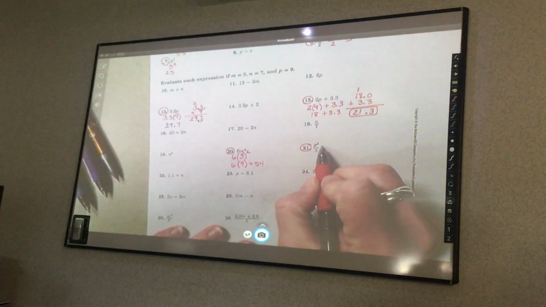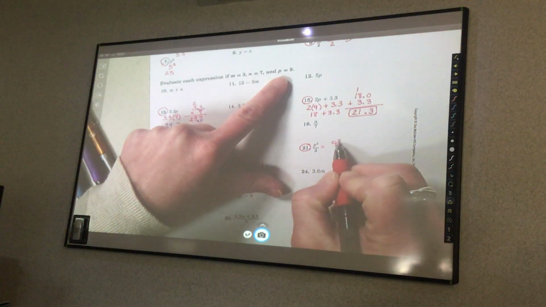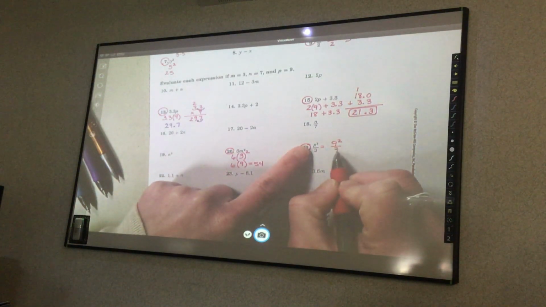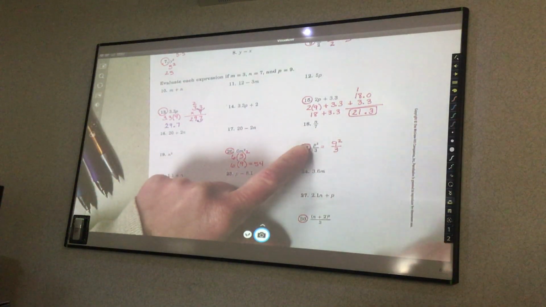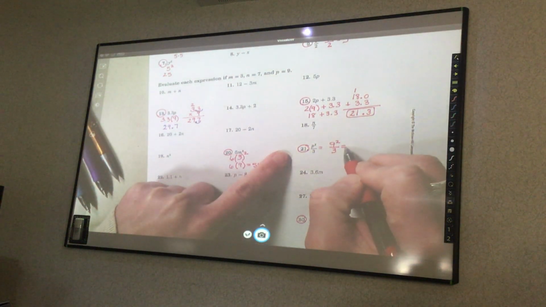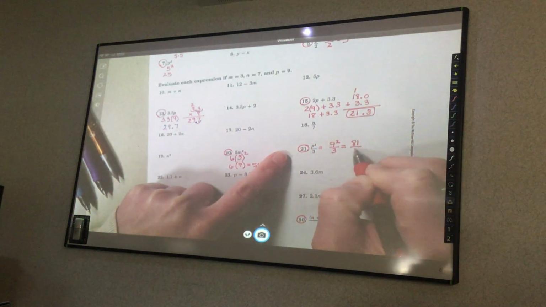So p squared, p is 9, so I'm going to show 9 squared. I have to show that I replaced the 9 for the p. So I'm basically rewriting the whole problem, putting whatever the number is in for my letter. So then 9 squared is 81, and I have 81 divided by 3.